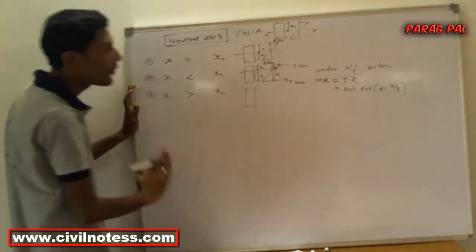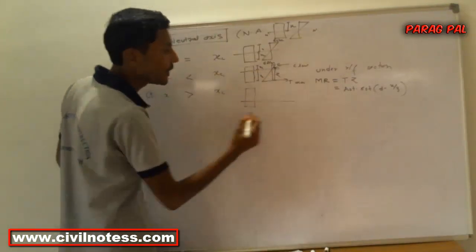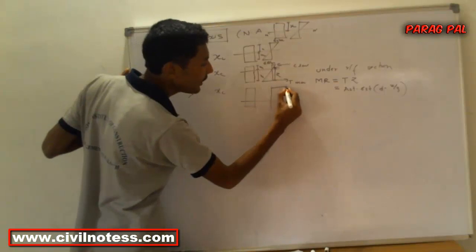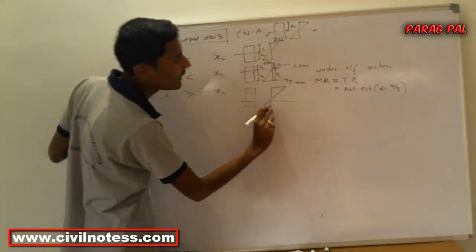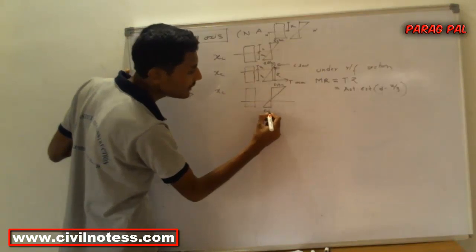Now if I go to the next condition, where x is maximum, this means that the permissible stress comes maximum in the concrete compared to the steel. So here sigma cbc is maximum rather than sigma st by m.